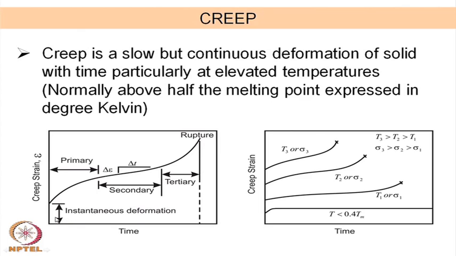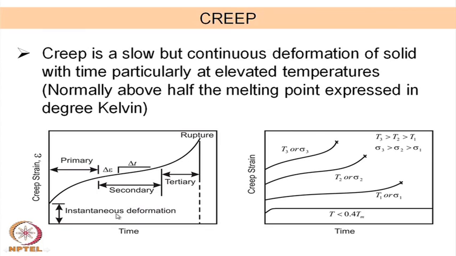Initially there will be an instantaneous deformation, and then the rate will decrease, but there will be an increase of slope. Then there will be almost a constant value over a time period, and then again there is an upturn.